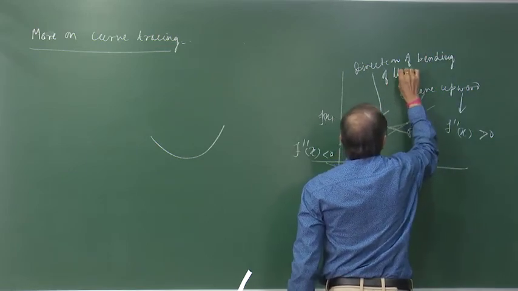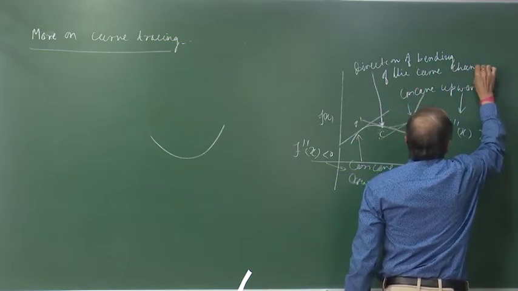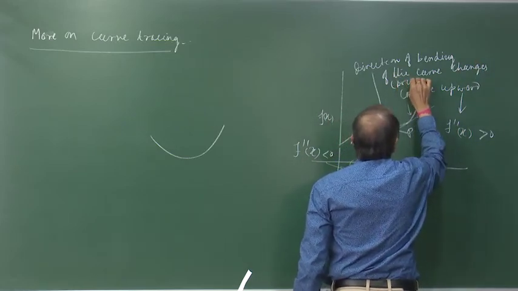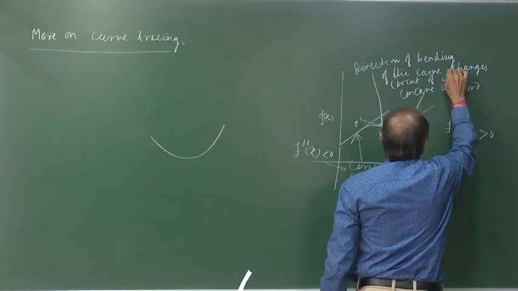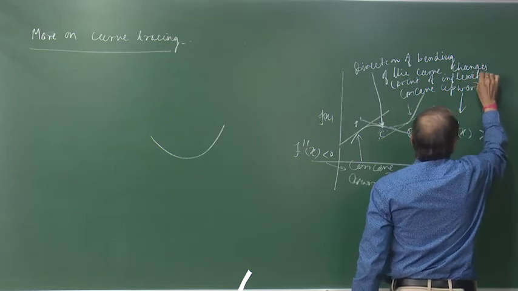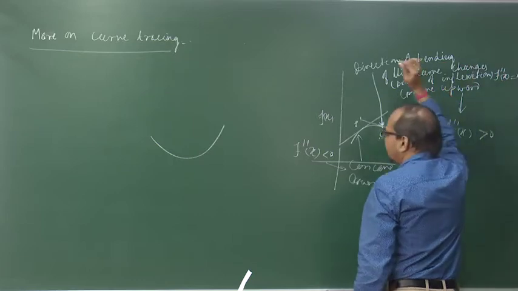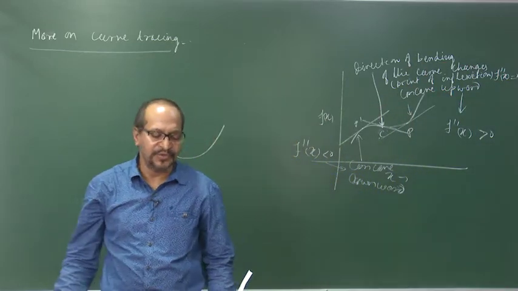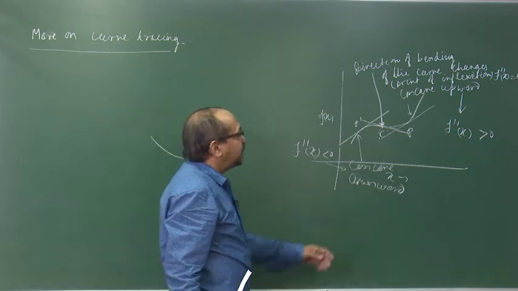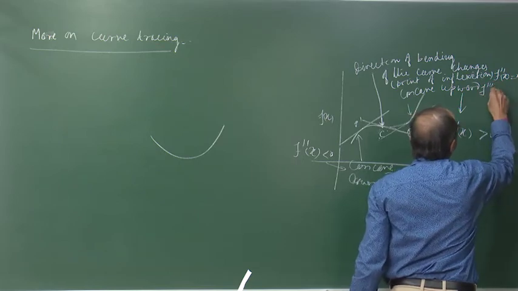This is called the point of inflection. And here the second derivative will become 0. At this point the second derivative f double dash x is equal to 0. Okay. But if we take the third derivative of f of x here, it is not equal to 0.